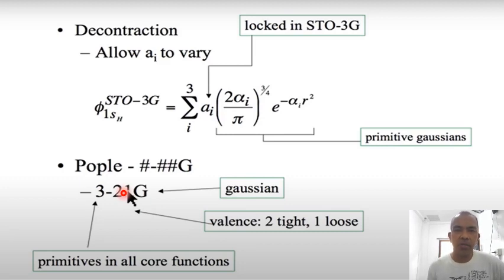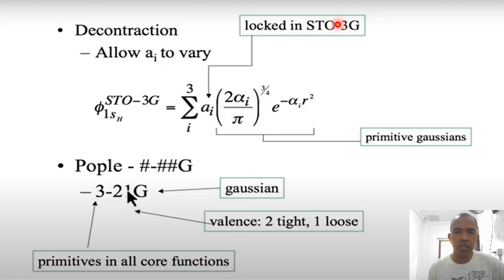Correct, that is correct. Contracted from these three primitives. Now Pople actually did something a bit more sophisticated: he optimized the basis sets, the so-called split valence basis sets.